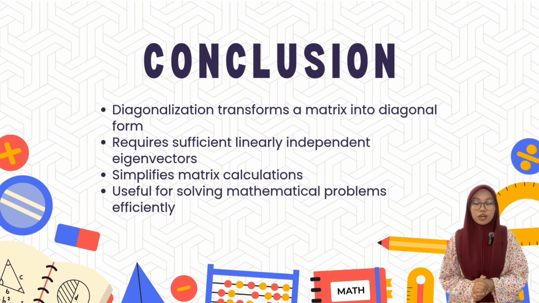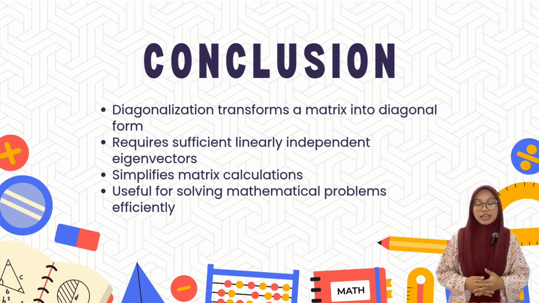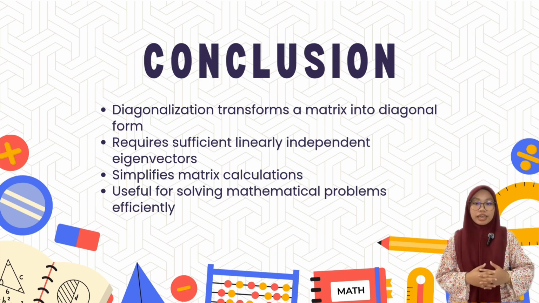Finally, let us conclude our presentation on diagonalization. Diagonalization is the process of transforming a matrix into a diagonal matrix that has the same fundamental properties as the original matrix. For a matrix to be diagonalizable, it must have a sufficient number of linearly independent eigenvectors. In particular, an n by n matrix must have n linearly independent eigenvectors.